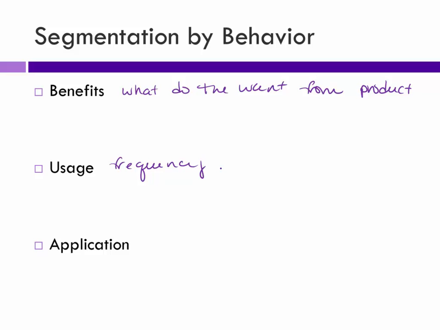And so the usage, the frequency and the timing of it, it was just Easter. And now they come out with Peeps for every holiday. Or orange juice, it's just mostly in the morning, and they had a whole campaign, it's not just for breakfast anymore. So sometimes we segment these things by how and when people use them. Application is the ways they use the product.